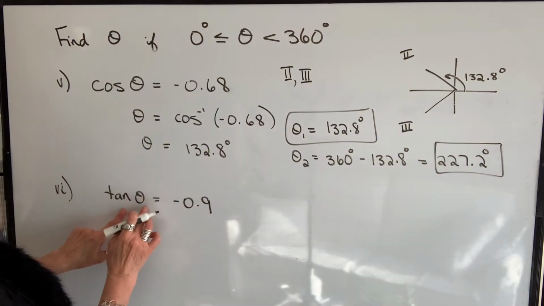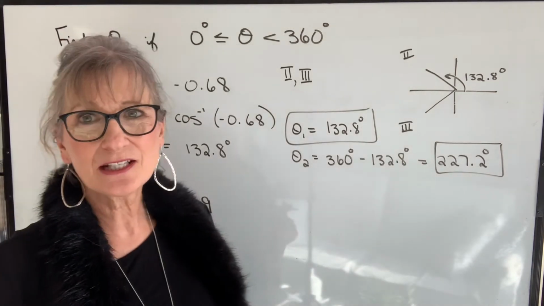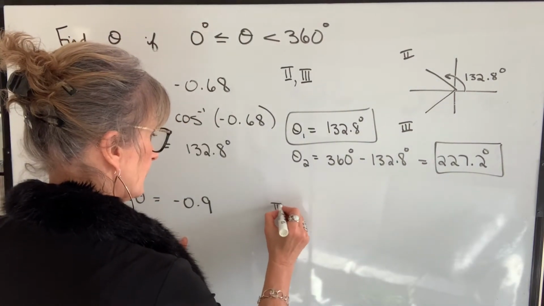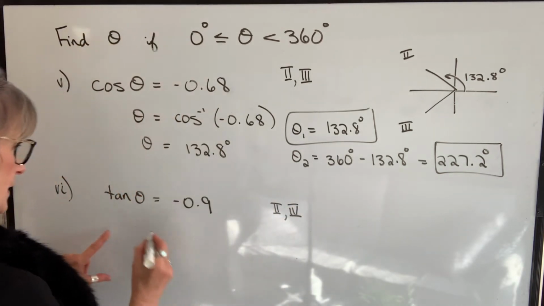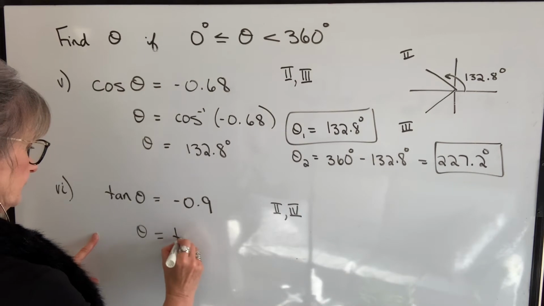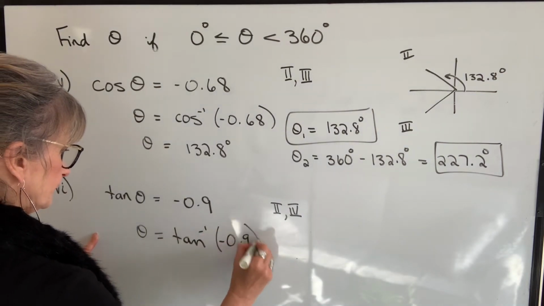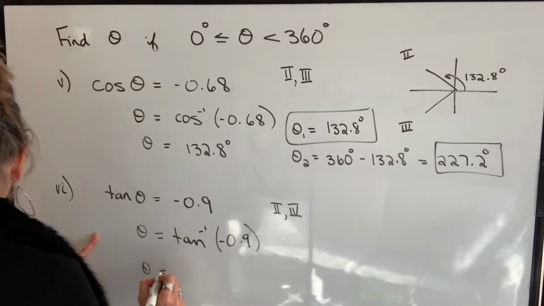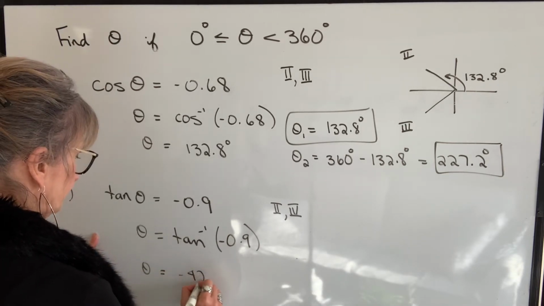We have tangent of an angle being negative. We know that tangent is negative in quadrants 2 and 4. So we'll find our first angle. Negative 42 degrees.